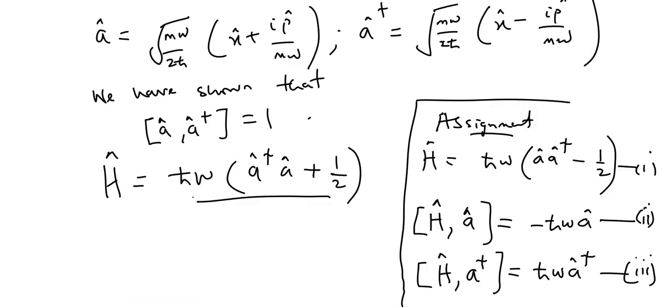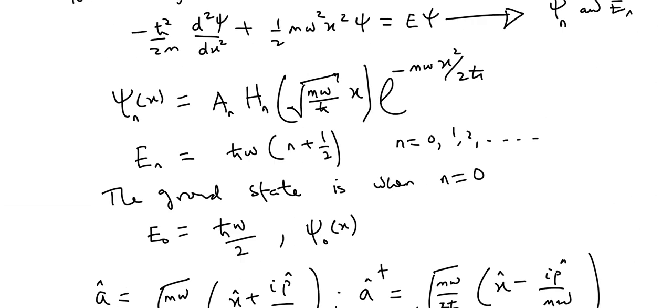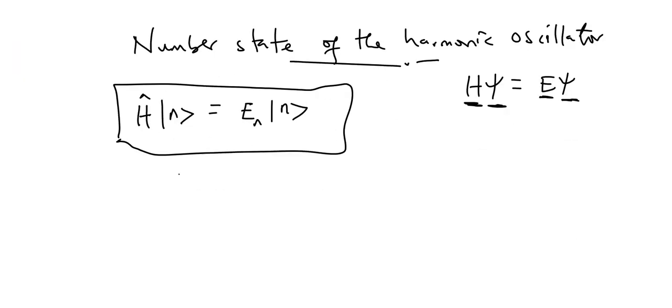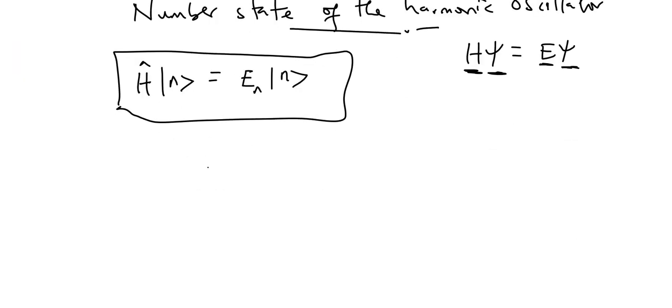You should note this equation as well, that E_n is ħω(n + 1/2). So we can write H, the Hamiltonian, acting on |n> as E_n|n>.